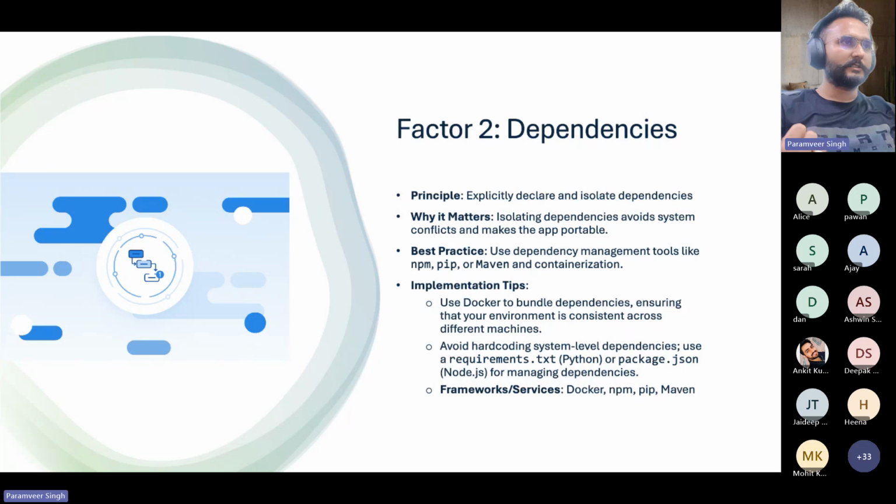If we talk about best tips or tools, one particular implementation that is suggested for dependency isolation is Dockerization. If you are not aware of Dockerization, what it does is it isolates your build environment or packaged environment.